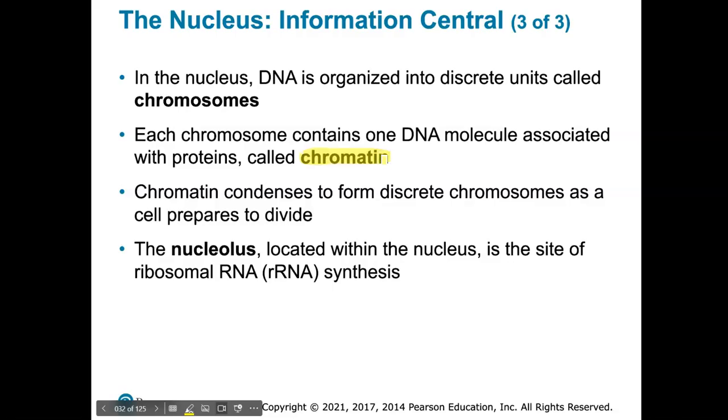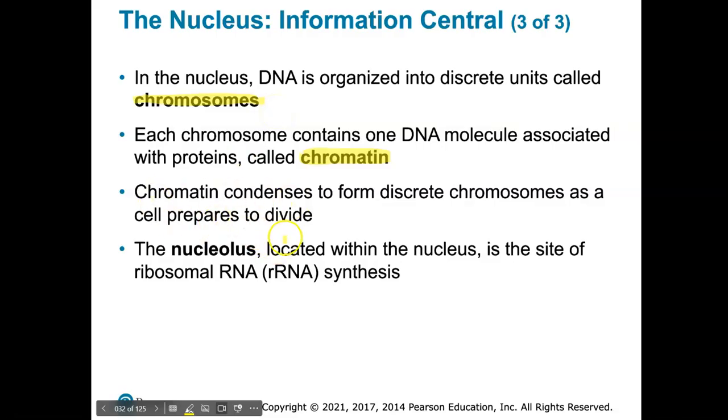But when the cell starts to divide, chromatin begins to condense and coil up, and it forms rod-shaped structures called chromosomes. So you can say chromatin or chromosomes. It just depends on if the cell is at rest, and then it would be chromatin, or if it's dividing, and then it would be chromosomes.